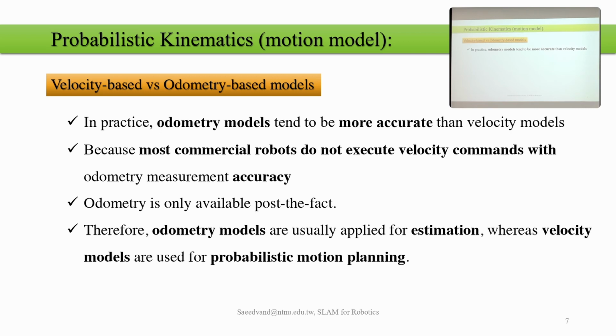The odometry models can decide which is the axis, x and y, something like that. How? From the distance of the odometry sensor. Yeah, exactly.